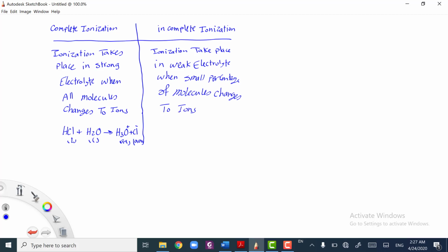As an example, the acetic acid as a liquid plus the water, liquid, we will find the forward and backward, giving us acetate aqueous plus hydronium.